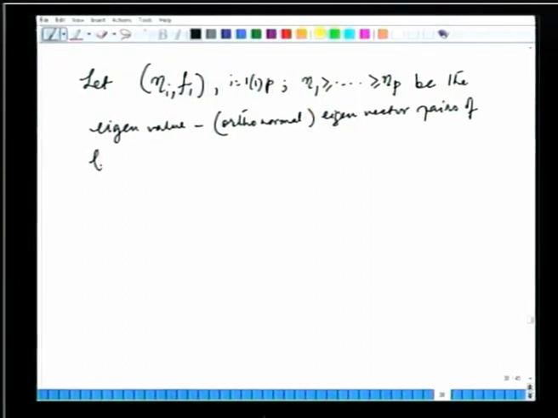I had earlier lambda i and ei, the eigenvalue eigenvector pairs of sigma. I don't calculate the eigenvalues and corresponding eigenvectors for sigma now. Instead I calculate them for the correlation matrix rho.